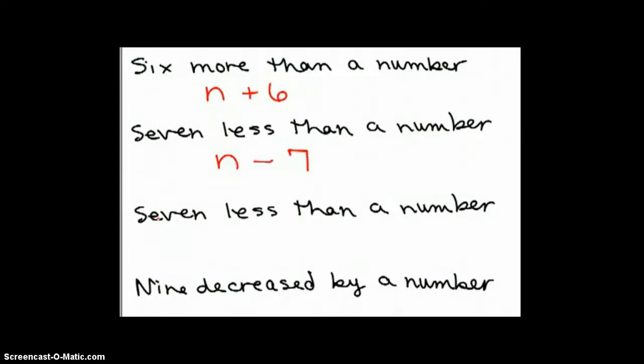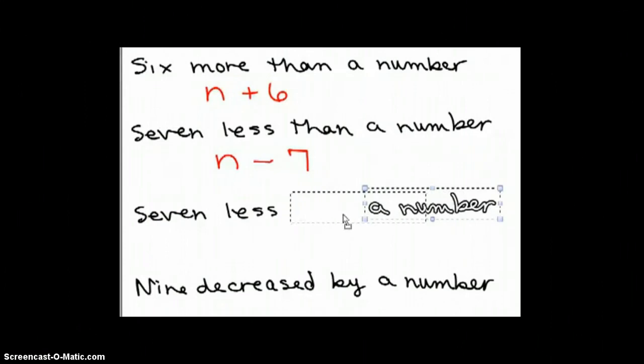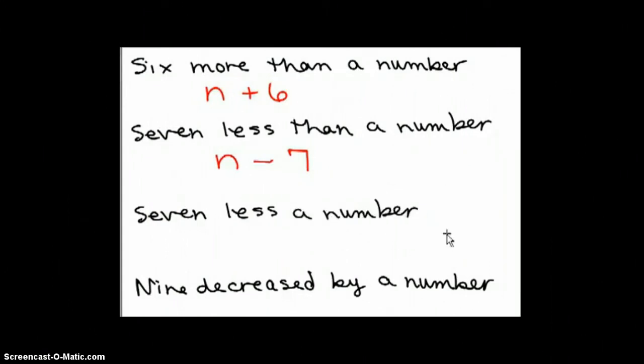Now, look at this third one. It's not the same. It says 7. Oops, it is the same. I didn't mean to put less than. I meant to put 7 less a number. A little bit different. 7 less a number. Well, first of all, most people don't talk that way, but you might see this once in a while. 7 less a number means we start with 7. Less a number means we take away that number.